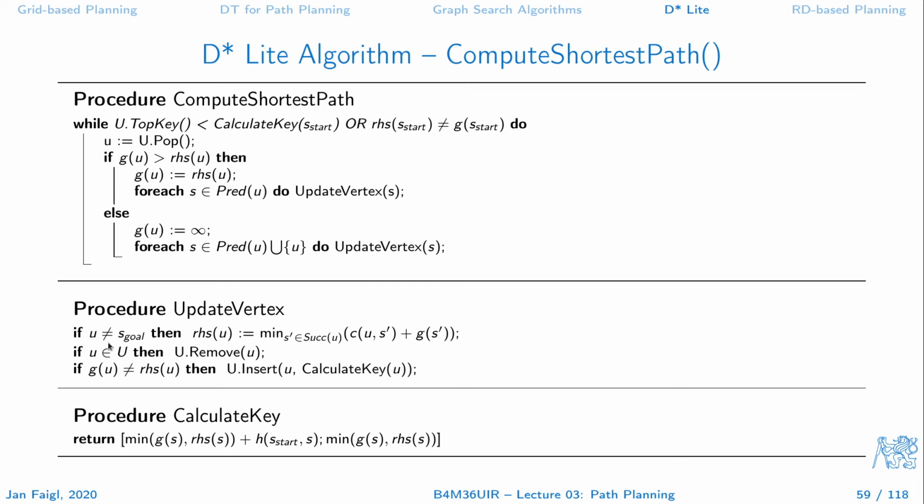And update vertex means that if the vertex U is not the goal, then we compute the RHS one step look ahead using the cheapest successor, and if it's not consistent, we insert it to the open list. And this is just how the keys are calculated, because we are using these keys.